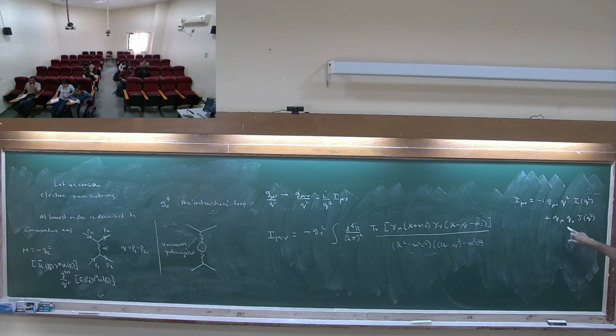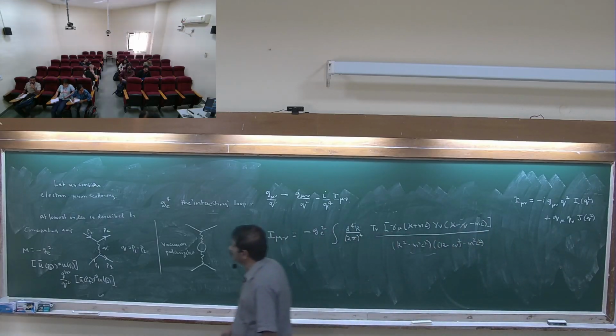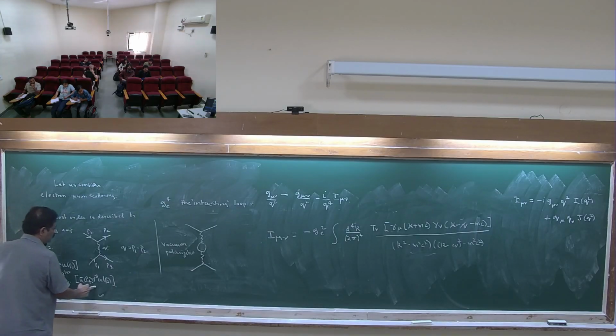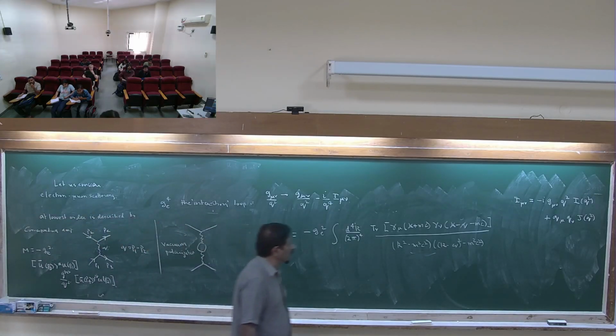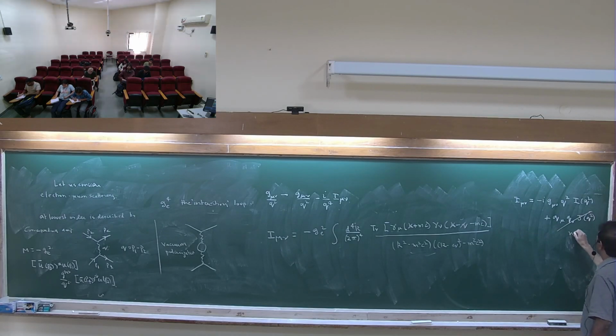Now recall that this Q mu is P1 minus P2, and that P1 and P2, they will act on what? P1 and P2 will act on this, and it will act on this. Then they will satisfy the Dirac equation, and then they will drop out. So this will not contribute to the square of the matrix element.